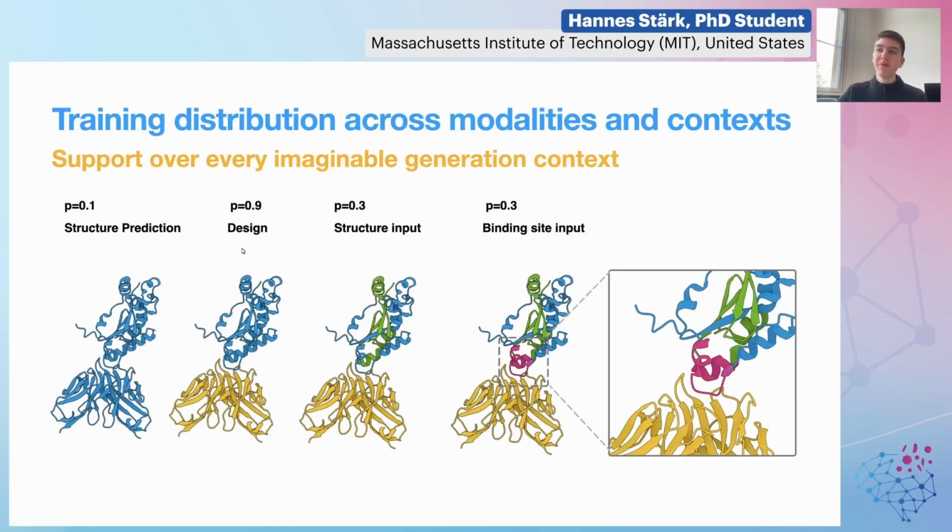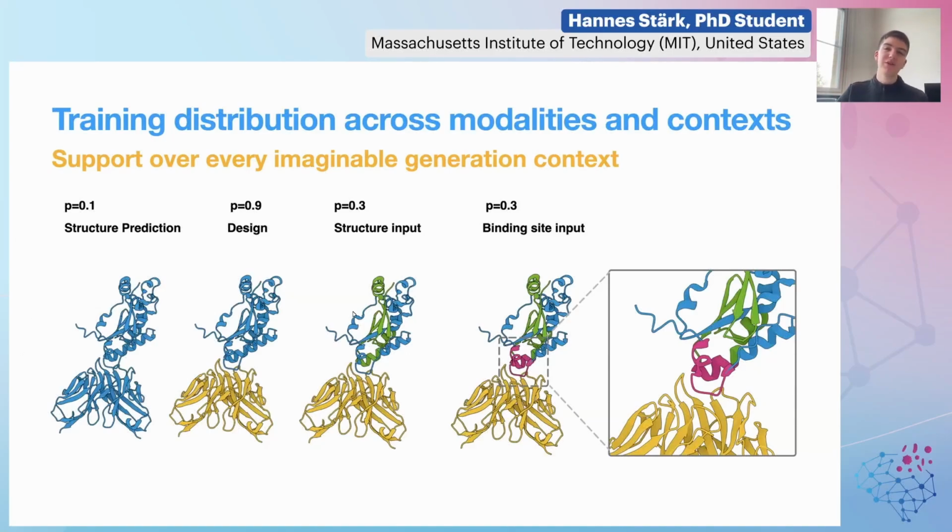With a certain other probability, we perform the design task, where now a random subset of the residues, it could also be the other chain, it could be completely different residues, is in yellow now selected to be the designed residues, which means the model does not get a sequence as input. And now it is tasked to produce this 14 atom representation where every single designed residue has 14 atoms.